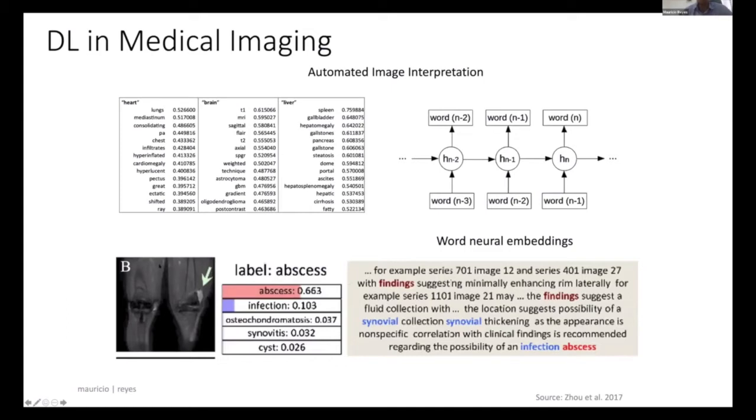This is combined with a deep learning architecture that analyzes the image itself and then makes a labeling or classification of both pieces of information. This is more in the direction of multiomics, where you have imaging plus non-imaging information being incorporated in deep learning.